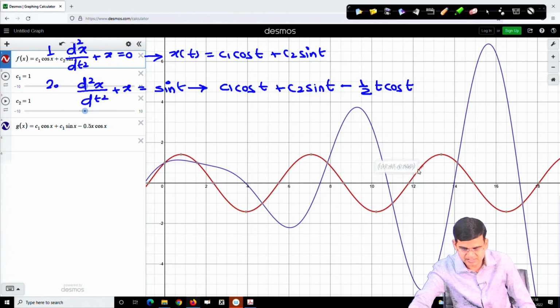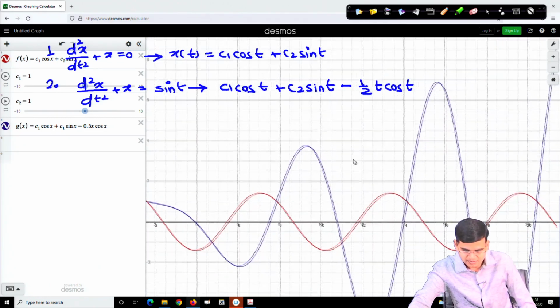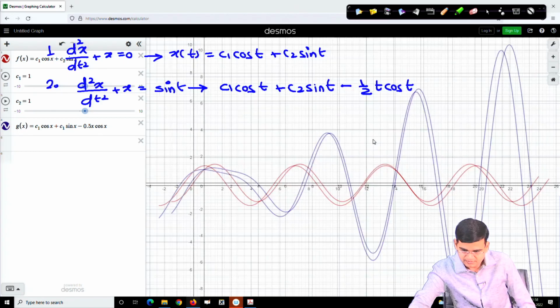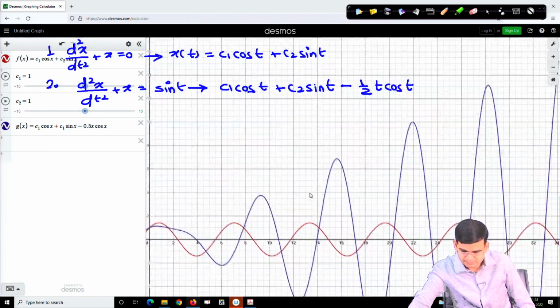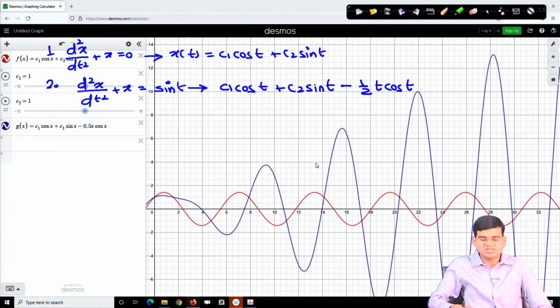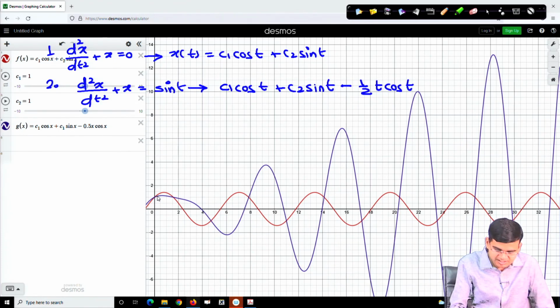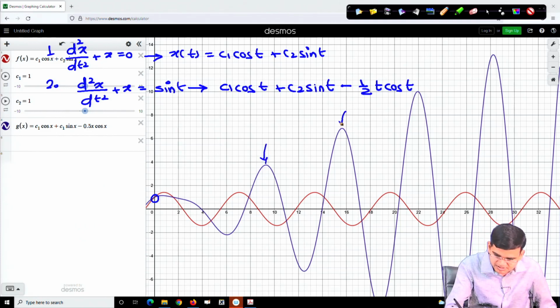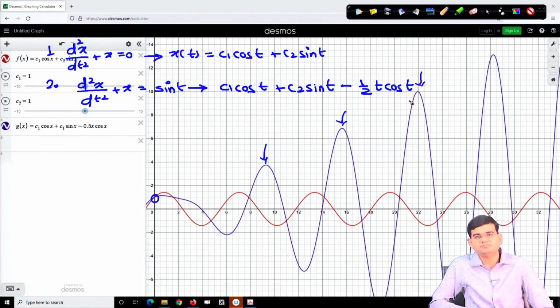Now, you see what happens here. The oscillations start at the same condition, the initial condition was the same, and the amplitudes of oscillations keep on increasing with time, right. And why is it happening so?